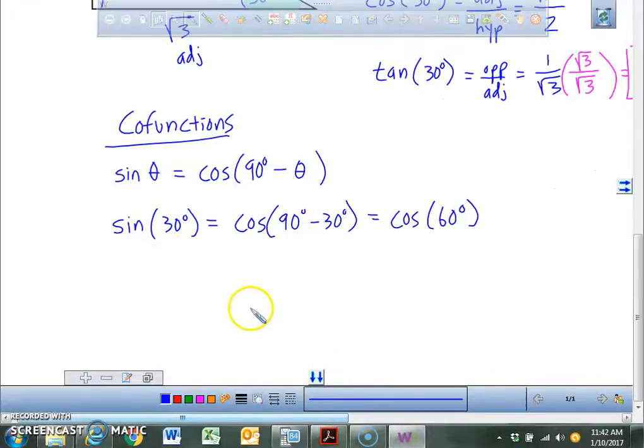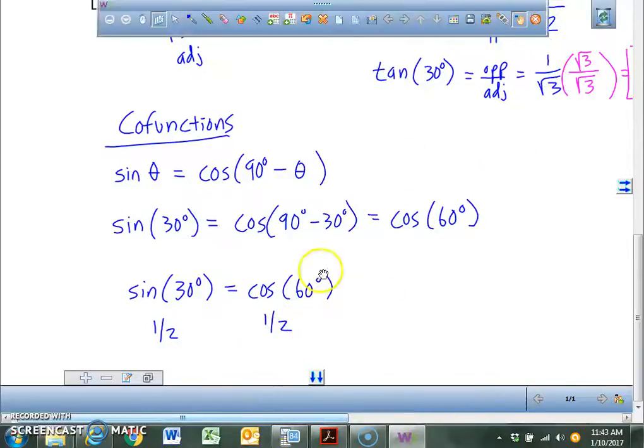So here's what I want you to put into your journal as an example. The sine of 30 degrees will end up equaling the cosine of 60 degrees. By the way, what was the sine of 30 degrees in our particular table? The sine of 30 degrees was equal to a half, which means the cosine of 60 should also equal a half.